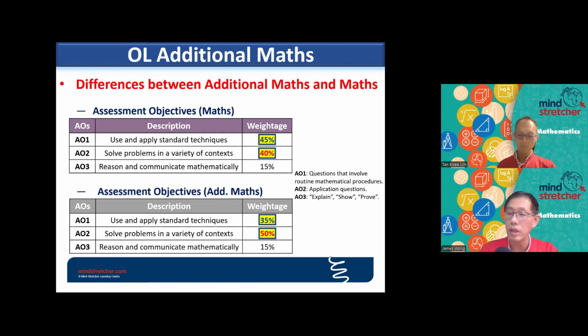So no matter how they twist and turn the question, or try to make it confusing for you, you must still be able to apply the technique appropriately to address the question. So about 50% of the questions will come from this AO2 type, and the remaining 15% will come from the AO3.